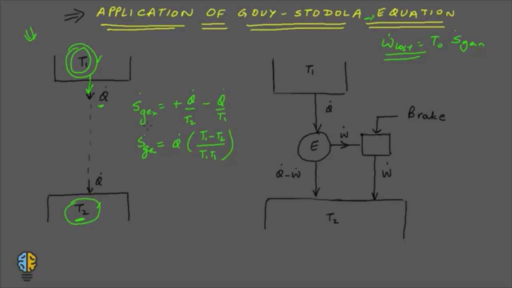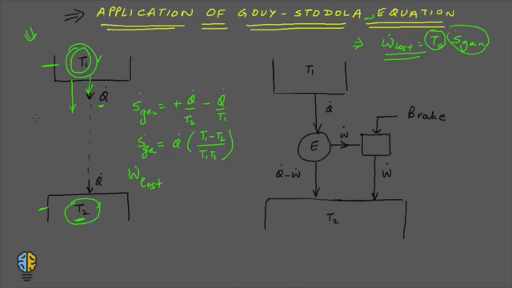Now if you were to find out the rate of work loss due to the irreversibility and due to this heat transfer between these two finite temperature limits, look at the equation given by Gouy Stodola. This is equal to the surrounding temperature into the rate of entropy generation.